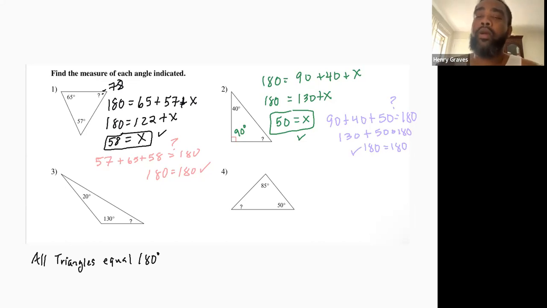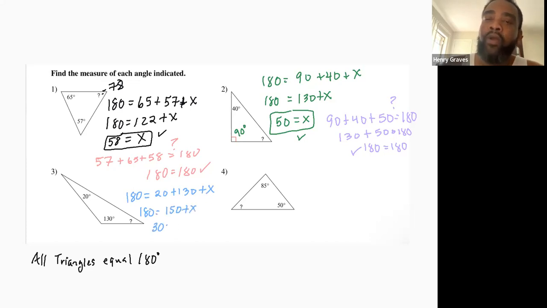Now, on number 3, again, same thing. I'm going to do 180 is equal to 20 plus 130 plus X. I'm going to call this question mark an X. So 180 is equal to 20 plus 130, which is 150. If I subtract 150 from 180, I'm going to get 30 as my answer.